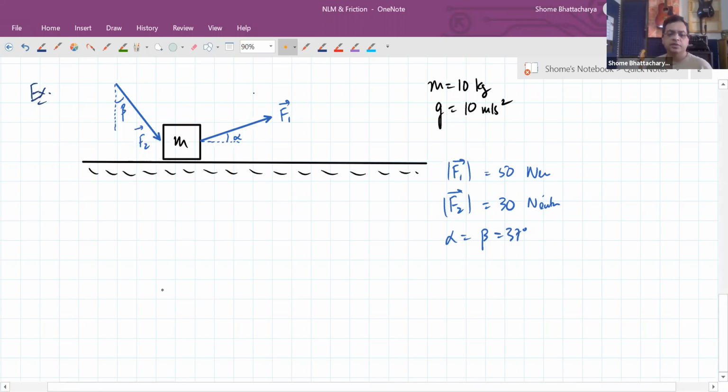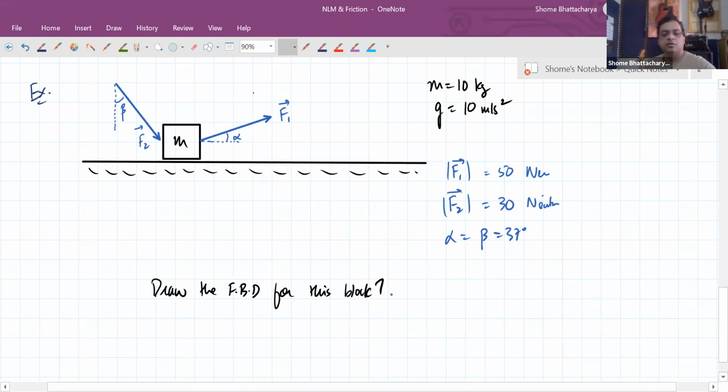Okay, so let us understand the free body diagram for this block, and let's find its acceleration, because it's on a smooth surface, and the normal reaction acting on it.